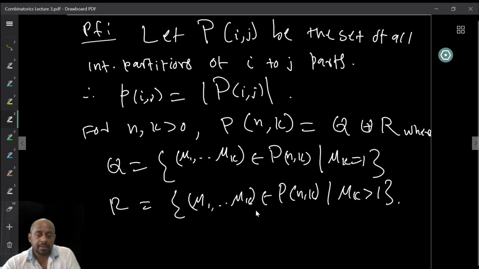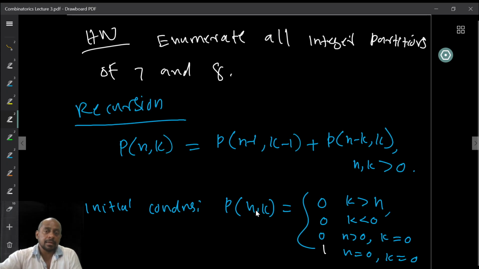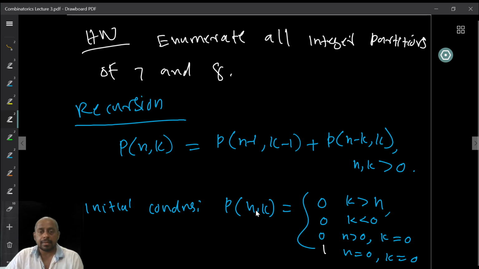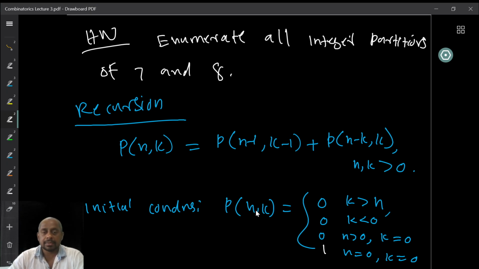Now we are going to prove the recursion relation as follows. We are going to prove the recursion formula by writing p(n,k), which is the number of all partitions of n into k parts. So we look at the set of all partitions of n into exactly k parts.